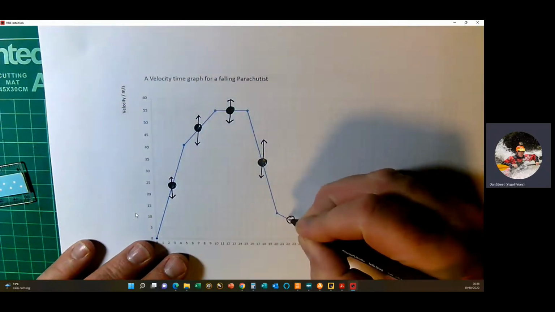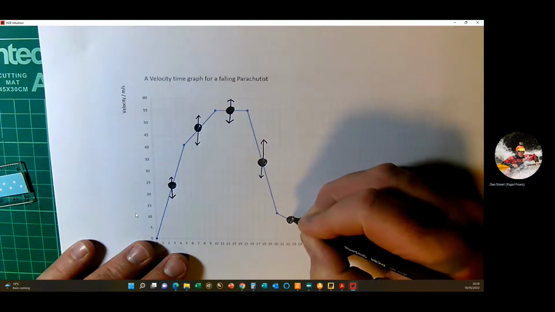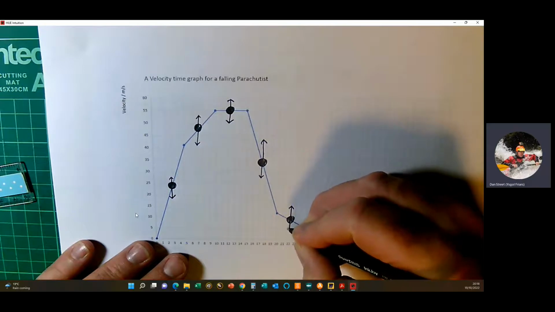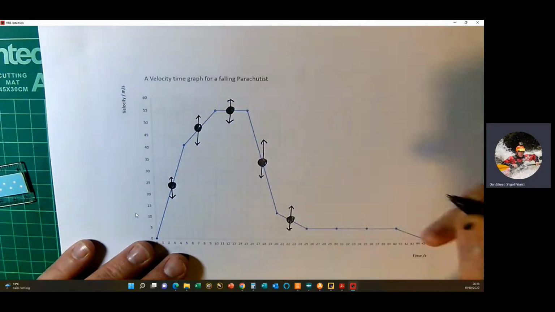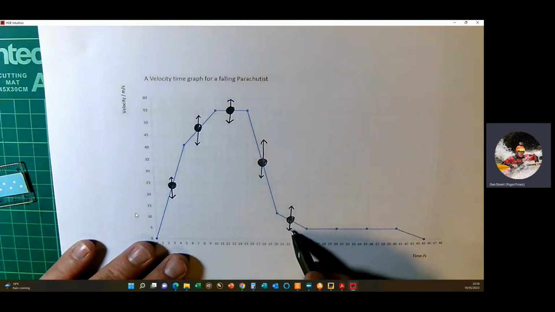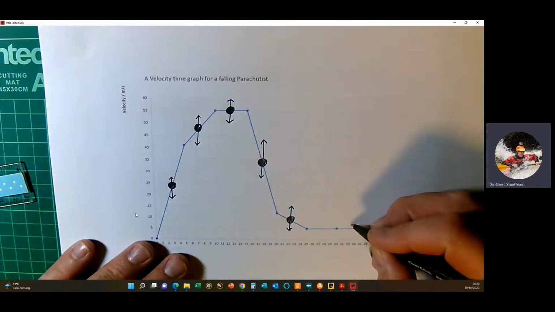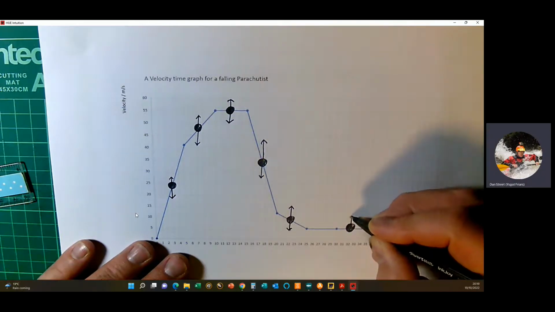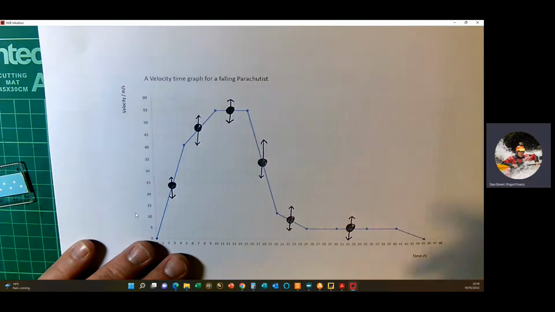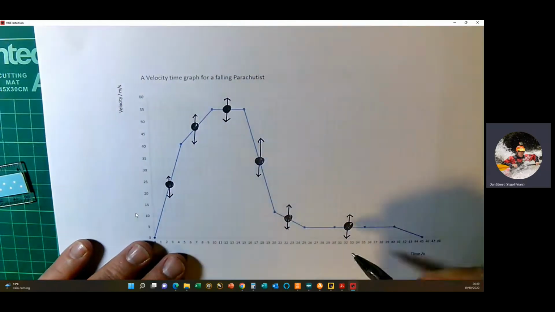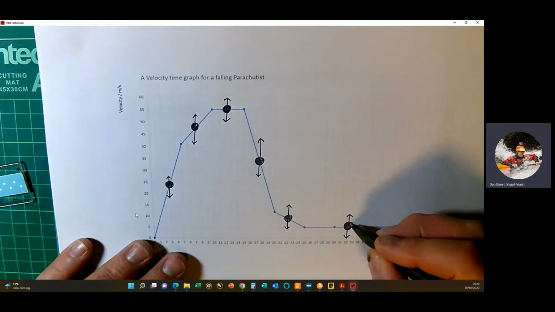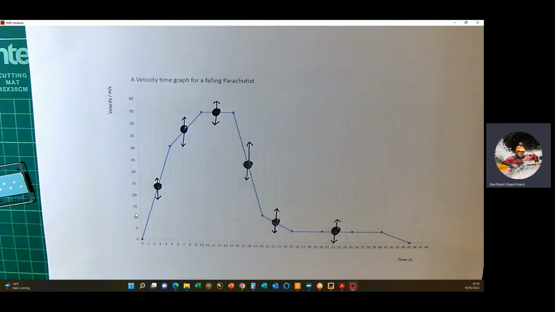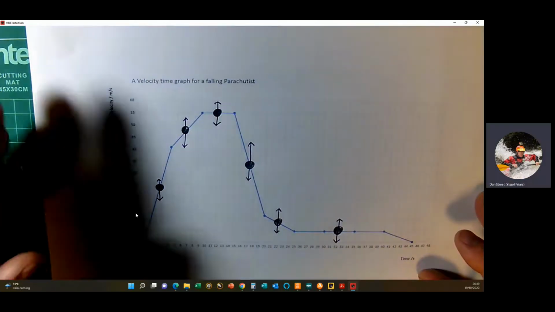And then here we've got the air resistance is lower because he's slowing down, and here we have the gravity, which is still slightly smaller, but not quite. And then the final stage of his journey, he's back to being in balance again because the air resistance and gravity are equal, even though his velocity is much lower. Okay, so we do need to be aware of this feature.